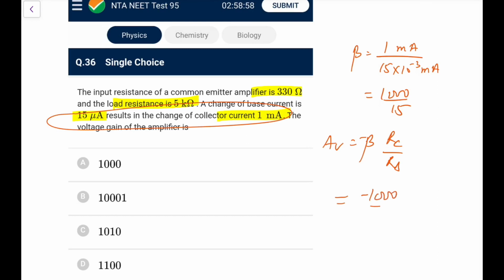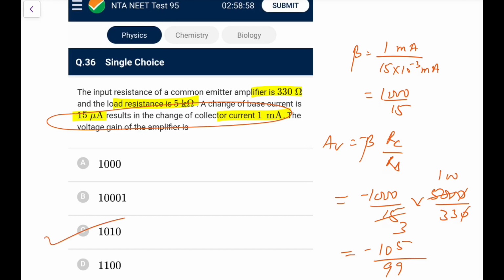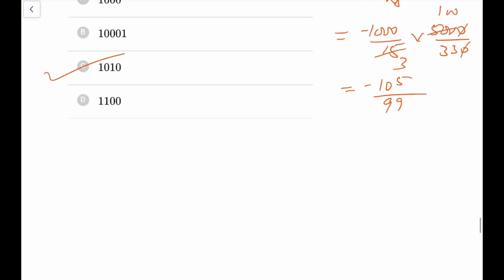So this is minus 1000 by 15, RC is 5000, this is 330. So this 0 and 0 goes. What you are left with now, 15 if I do, this is 3 and this would be 100. So it is minus 10 to the power 5 upon 33, that is 99. So it would be slightly greater than 1000, so it would be 1010. It would be greater than that, so 1010 would be the answer.